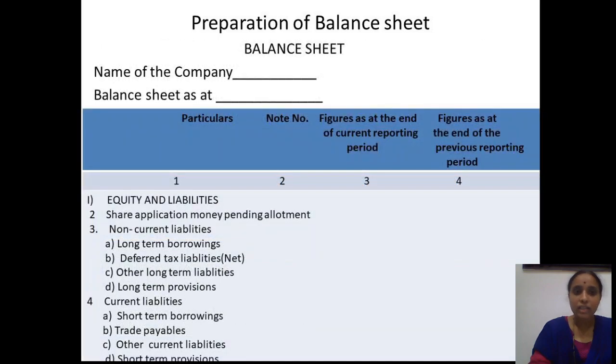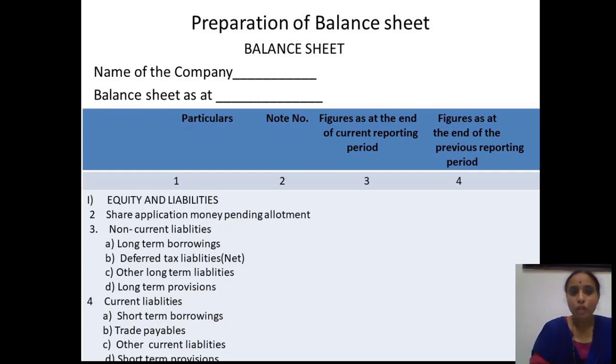The next is the share application money pending allotment in the equity and liabilities. The next is non-current liabilities, such as long-term borrowings, deferred tax liability, other long-term liabilities and long-term provisions. So all these are the non-current liabilities. Then current liabilities: under this heading we are going to take short-term borrowings, trade payables, which is any amount payable to creditors, and other current liabilities.